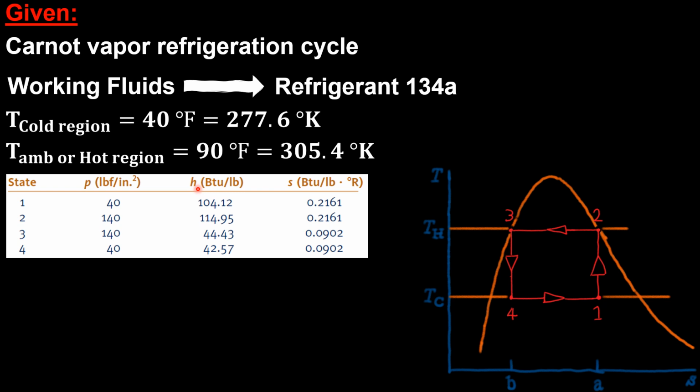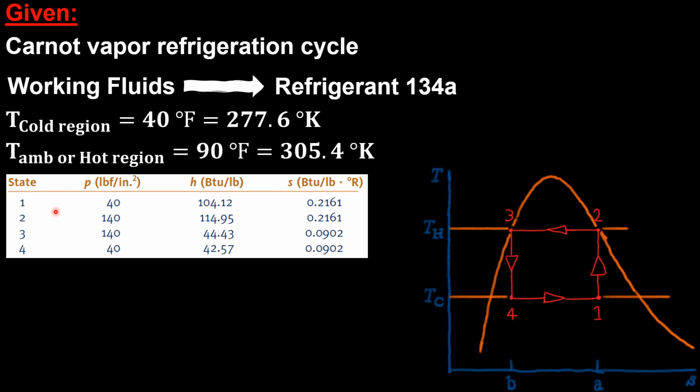So as temperature changes, you have higher internal energy, and vice versa. So it's internal energy plus the work. Another phrase that we can use to describe enthalpy is energy content, the energy content of a working fluid.